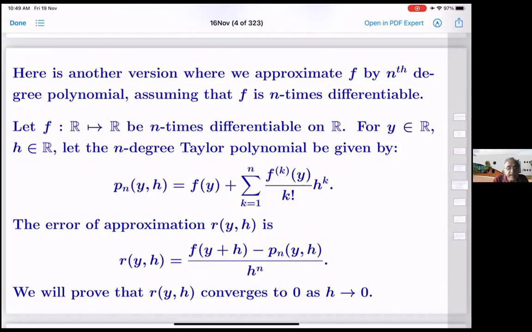The way to read this version of Taylor's polynomial is the following. Let's take the simplest case, n equal to 1.